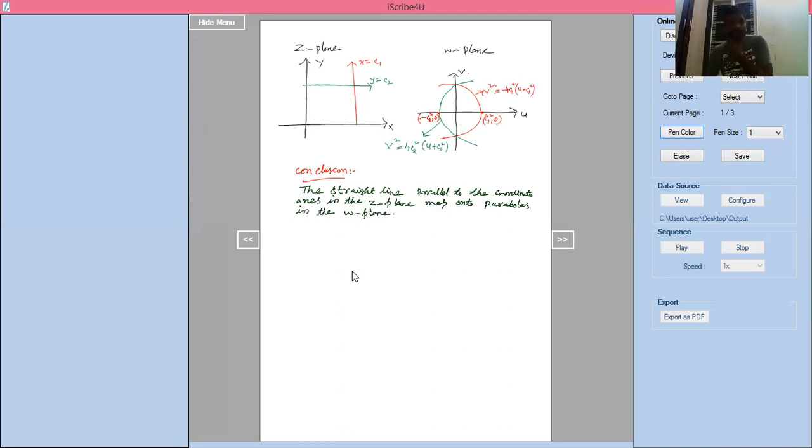So this is the conclusion for the given expression W equal to z square.